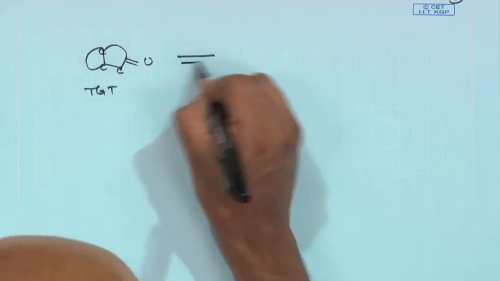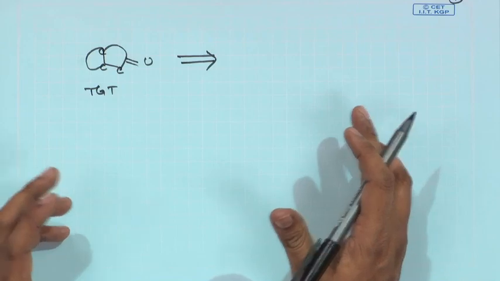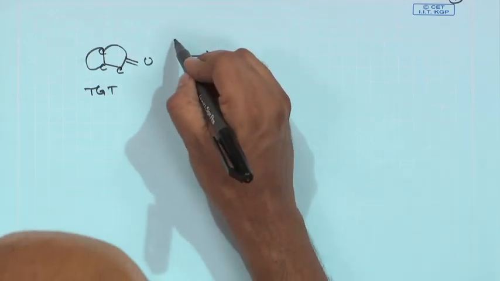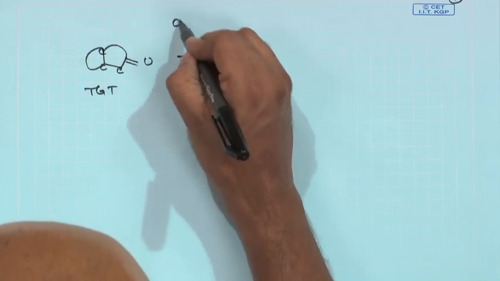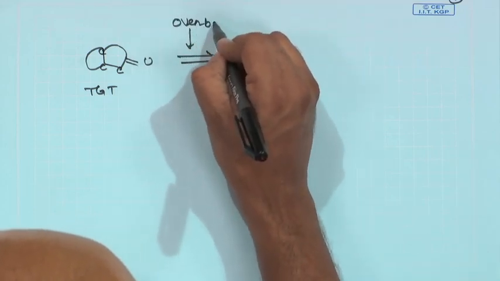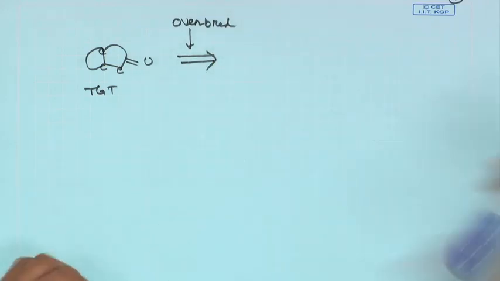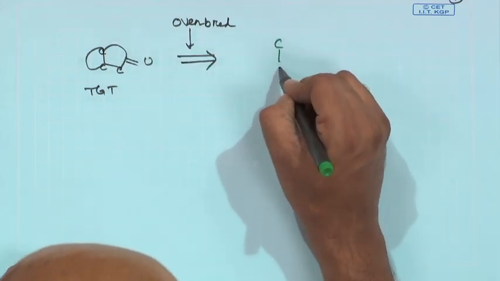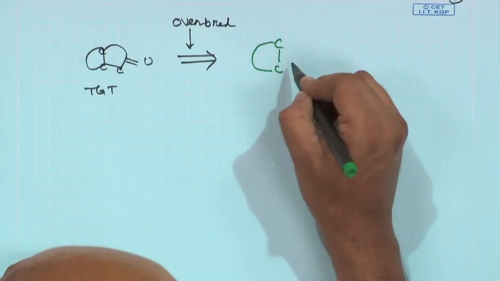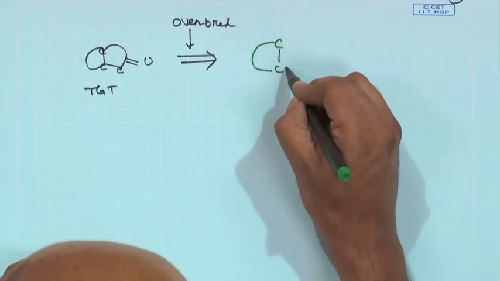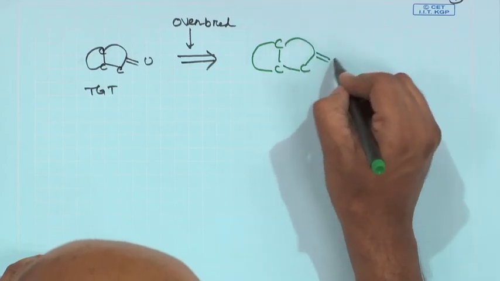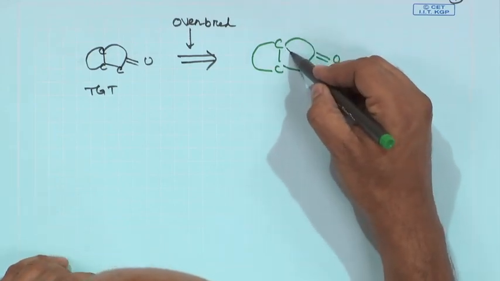So, in a normal scenario you can have other standard FGIs, but if you are trying to use an overbred concept, what I recommend is that you do a disconnection first like this, and then you put carbon, then C double bond O, you first make this bond.